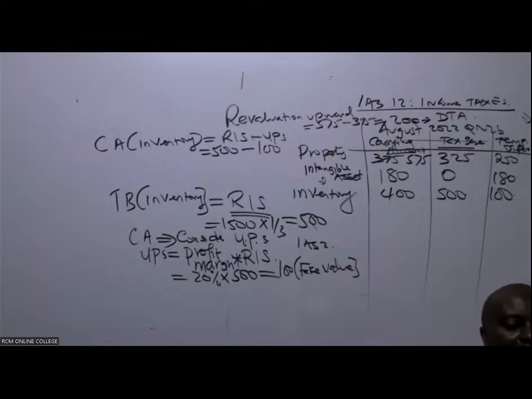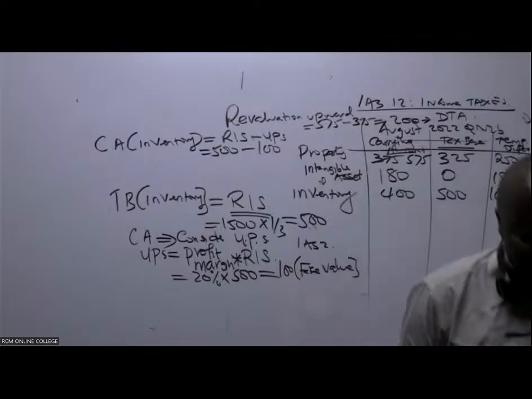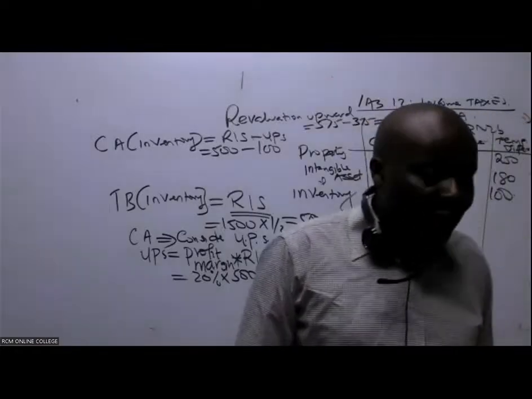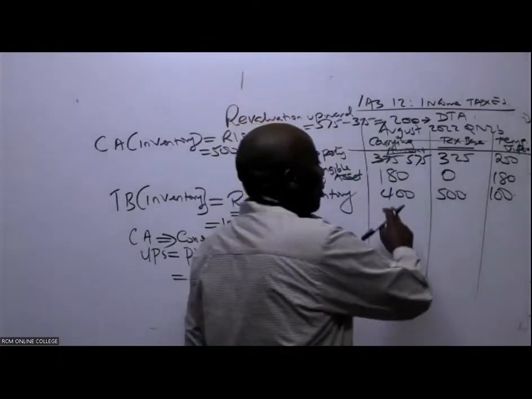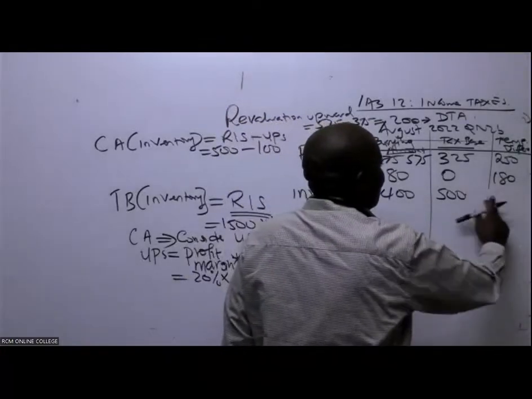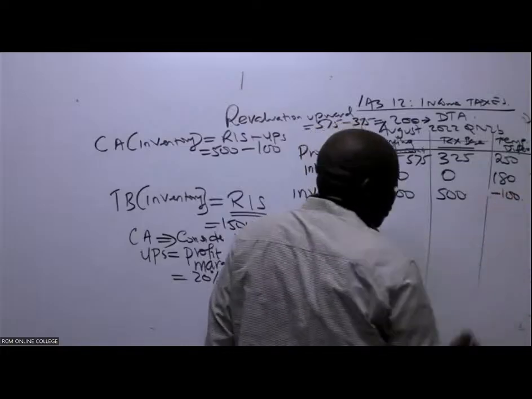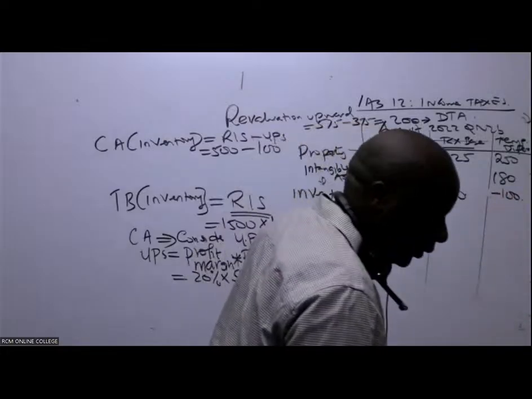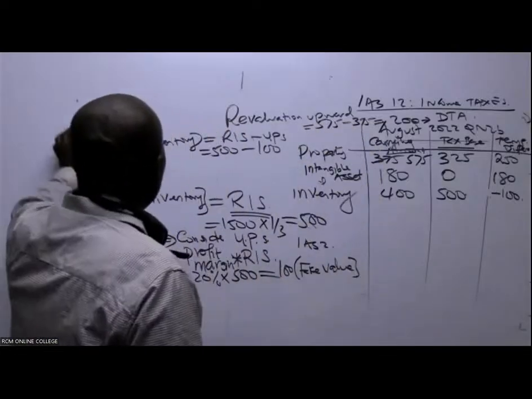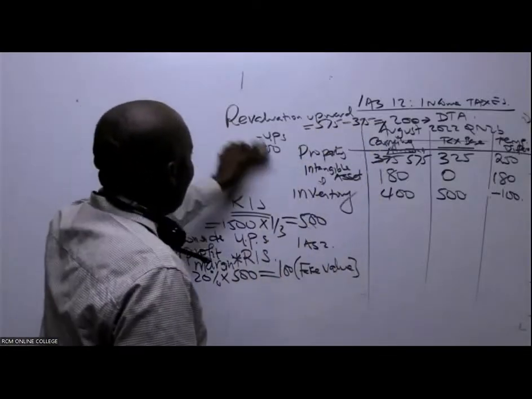Or 400 minus 500. Yes, thank you very much. 400 minus 500, the temporary difference. This gives us minus 100. Thank you very much. So allow Mwalimu then to repeat this inventory.